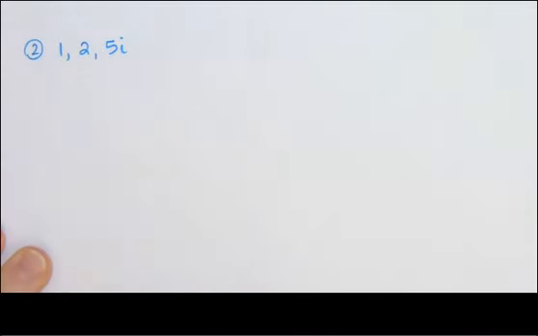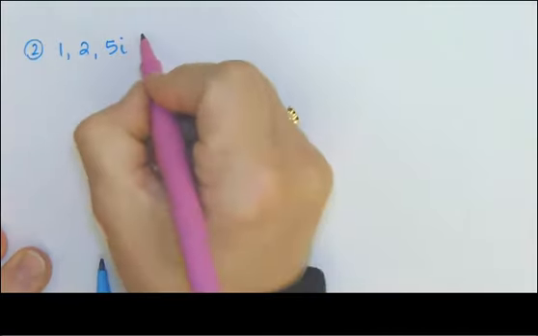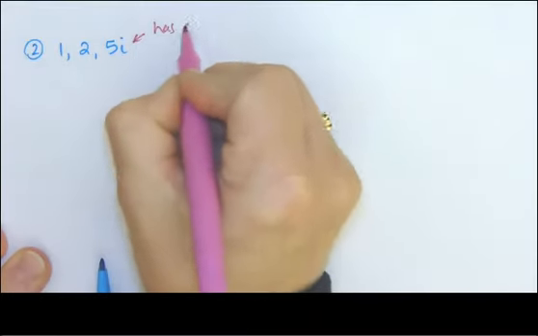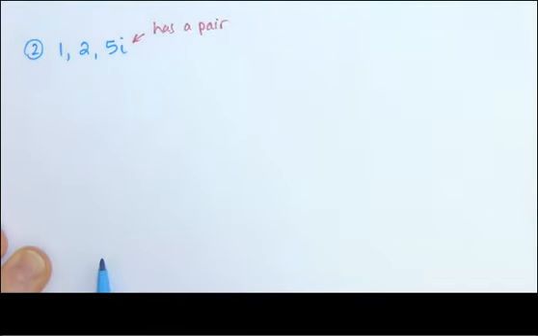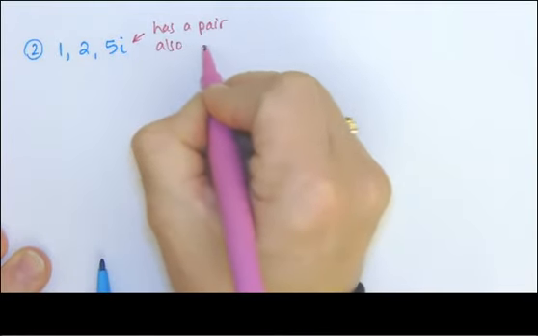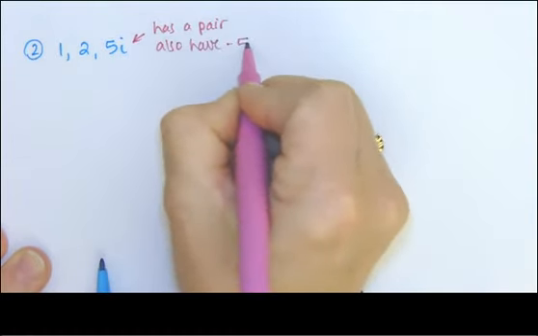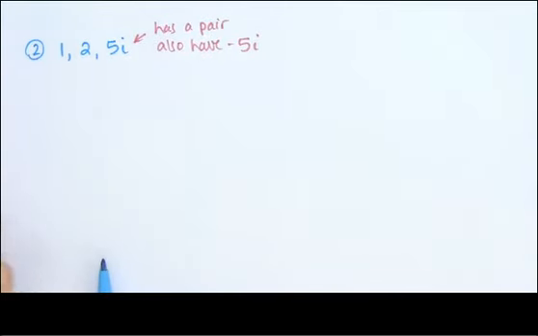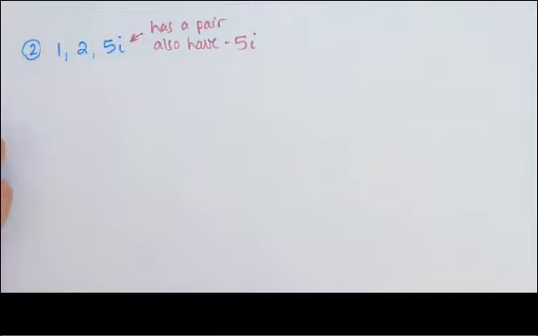But remember what I said: if there's an imaginary, complex, or irrational zero, it comes as a pair. The only way you ever would have gotten 5i is if you also have negative 5i. So x is equal to positive and negative 5i, because the only way you'd ever get an imaginary number is to take the square root of a negative.